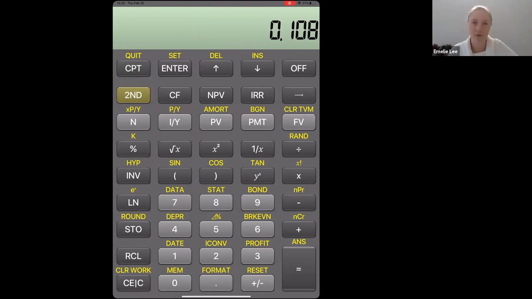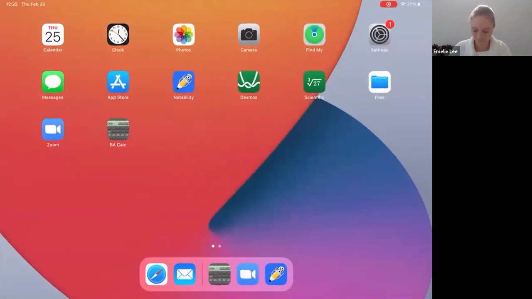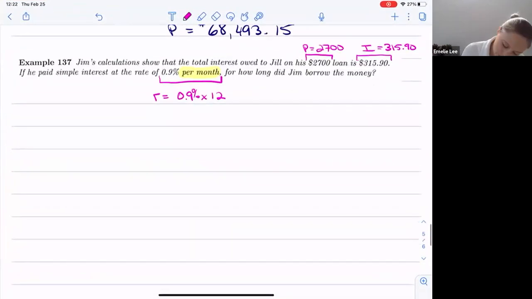And so that's going to be 0.108. So R equals 10.8%, or R is 0.108 in our calculations. Right? Notice that you have to drop that percentage if you've already converted it to a decimal.